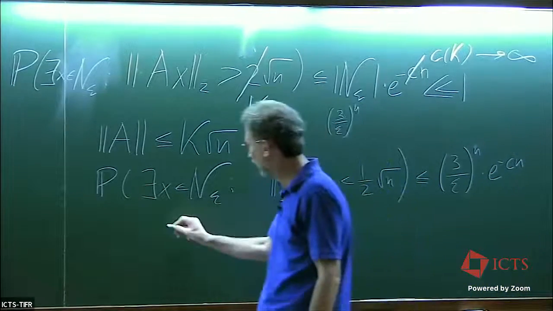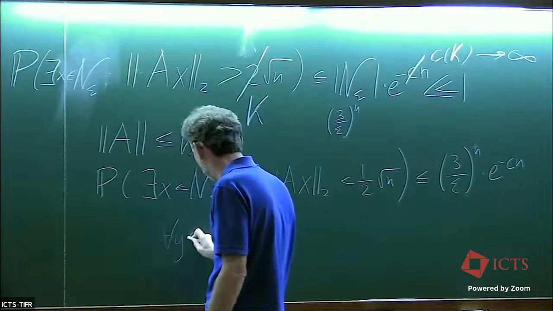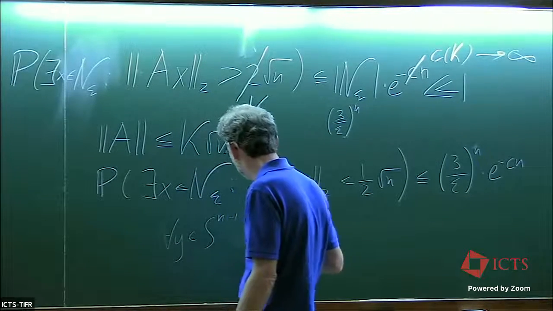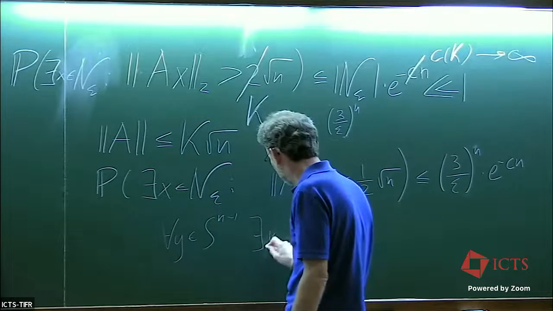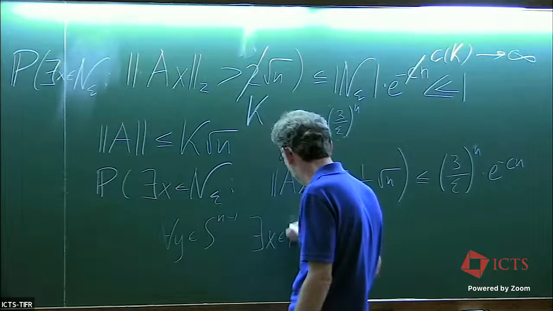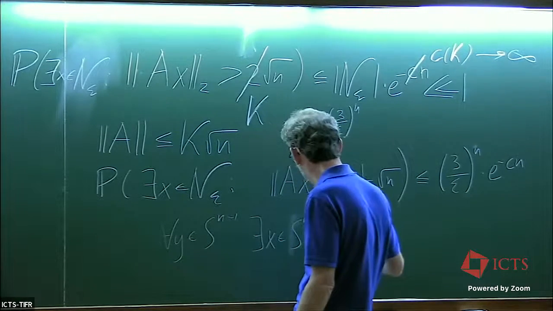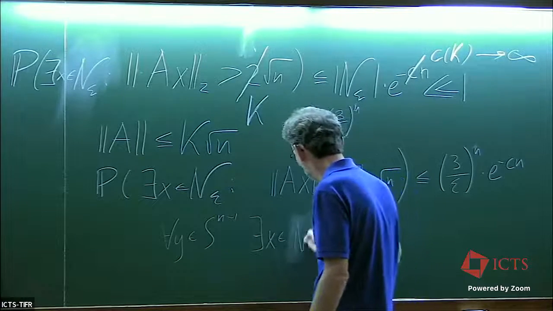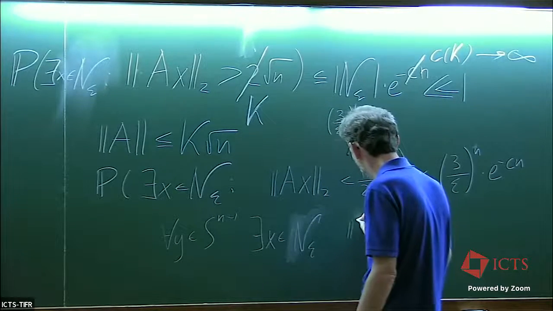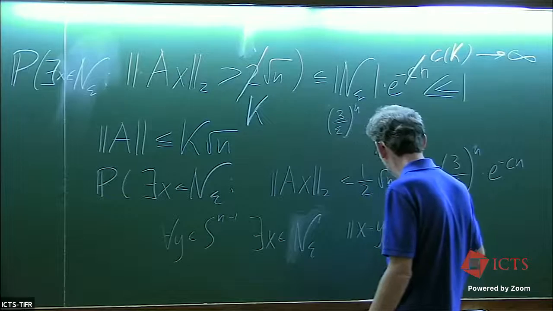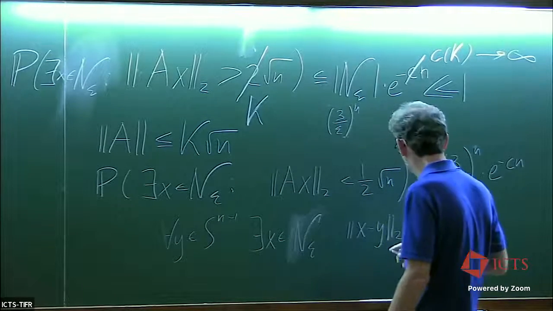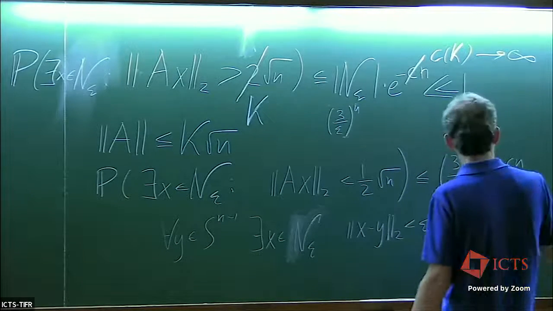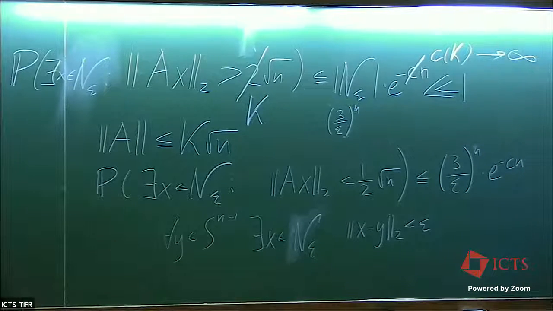If I take any y in the sphere, I can find x in the net, which is an approximation, such that the norm of x minus y is less than epsilon. And then I can use the triangle inequality.